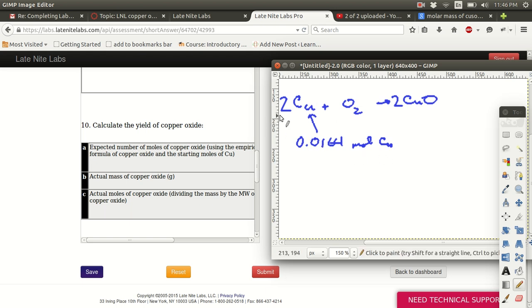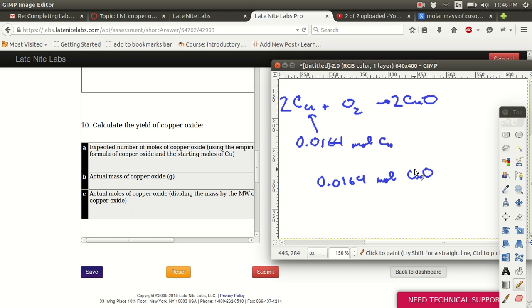Well, it takes 2 moles of copper to make 2 moles of copper oxide, meaning it would take 1 mole of copper to make 1 mole of copper oxide, meaning it would take 0.0164 moles of copper to make 0.0164 moles of this copper oxide. So the answer to the expected number of moles of copper oxide would be 0.0164 moles of copper oxide. So that's simple enough, right?